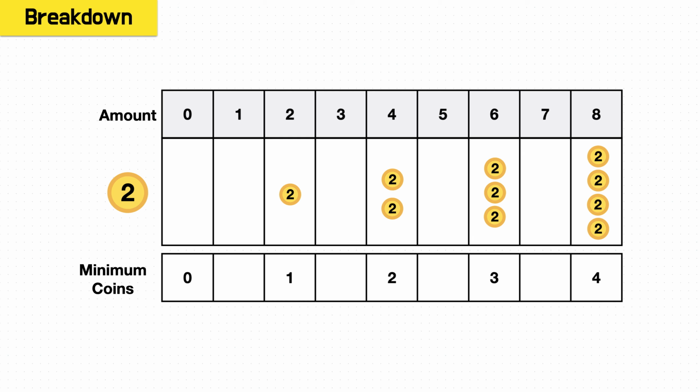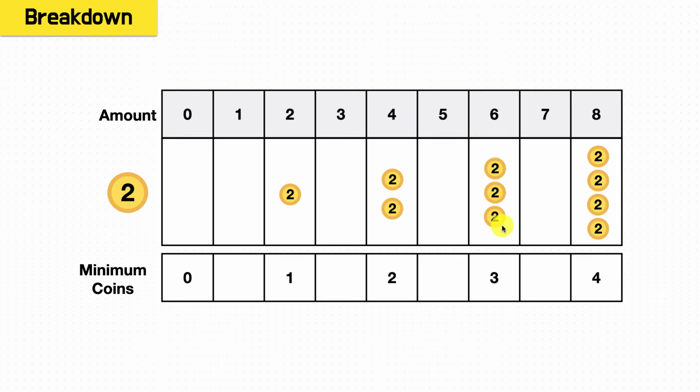So let's first see how we can reach 8 with only a 2 coin. 0 is always initialized to 0 because there's not a 0 coin, so there's no combination that can reach 0. We can't get to 1, but we can get to 2, and that's 1 coin, so the minimum number of coins to reach 2 is 1. Then to get to 4, it's 2 coins, so 2 plus 2, and then the minimum is 2 coins to reach this amount.